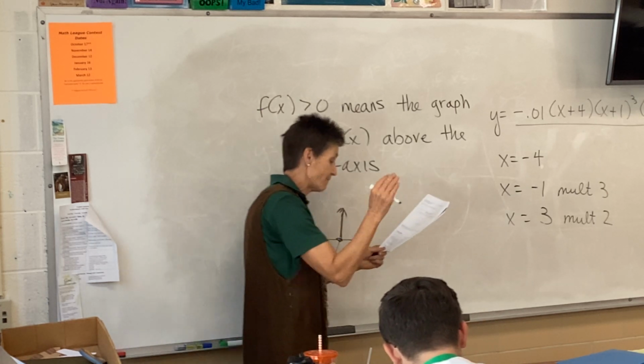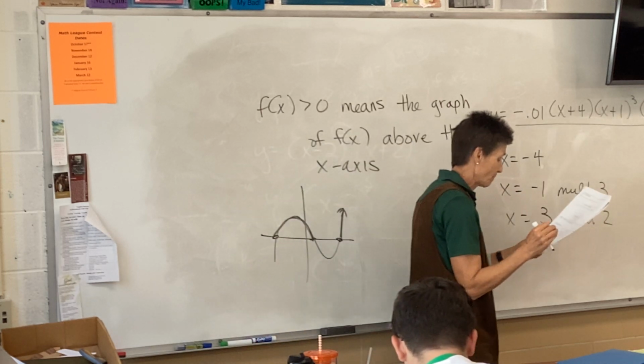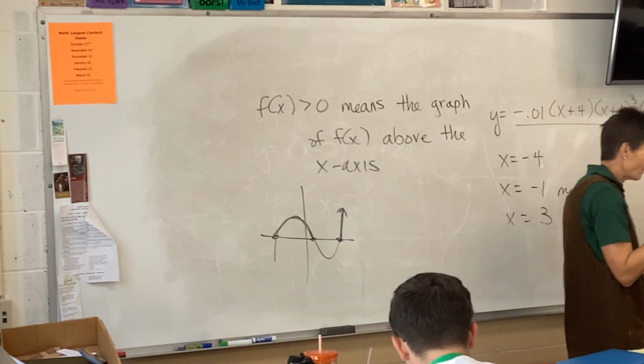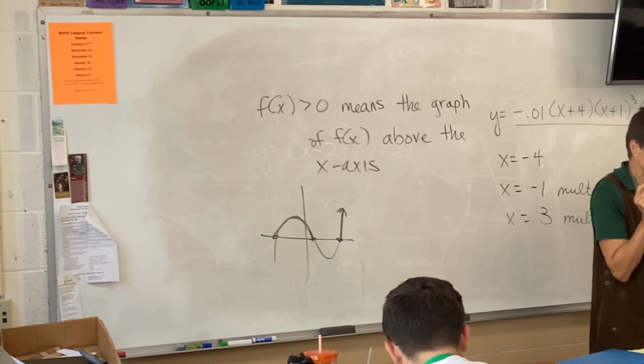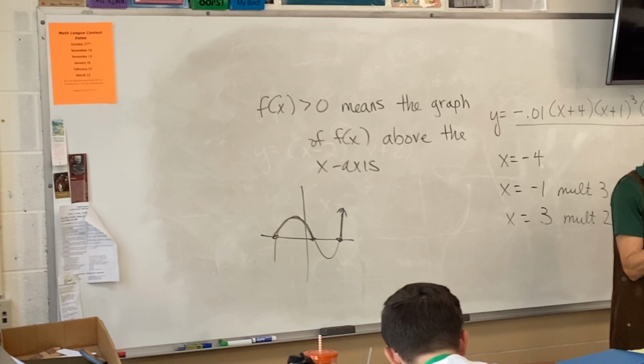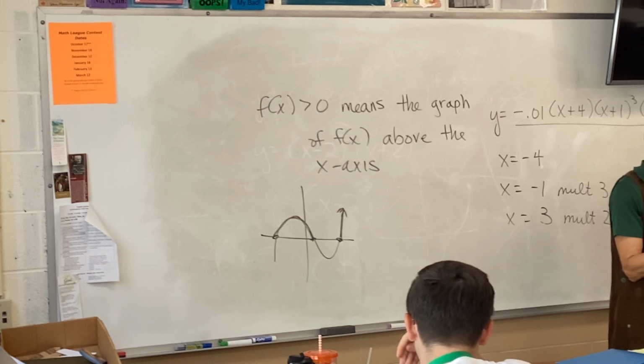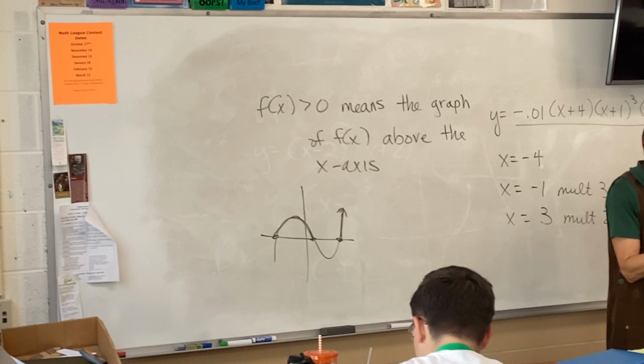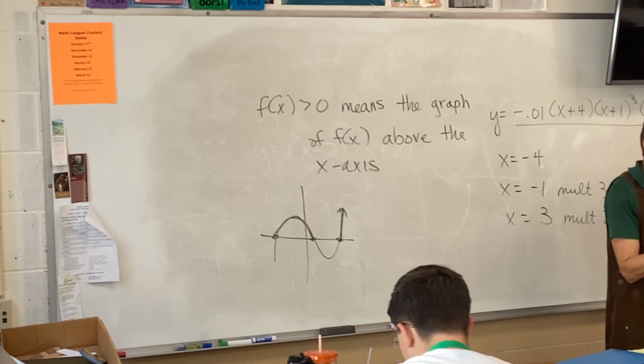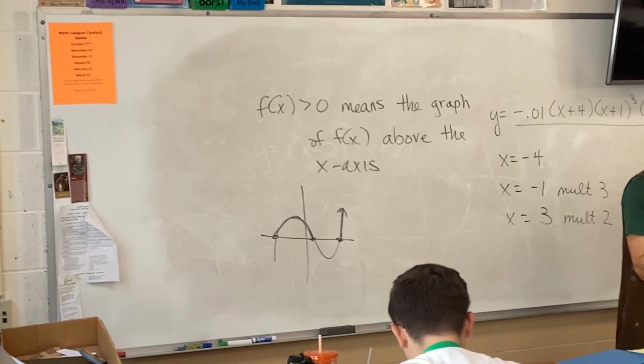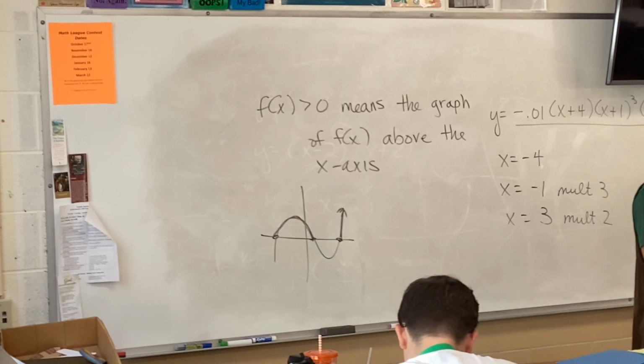So, look at the very bottom of this page. Look at the picture, where does f of x equal 0? At negative 3, negative 1, and 3. That's where it equals 0. Where is it positive?